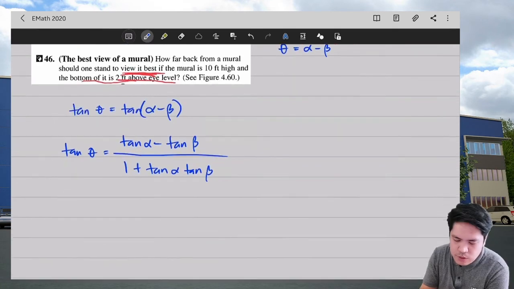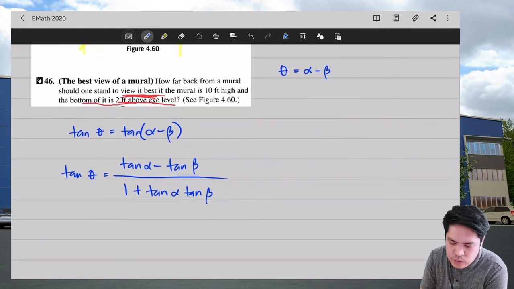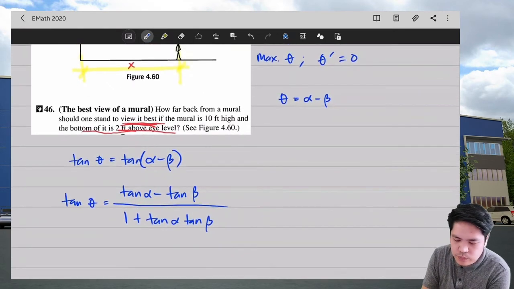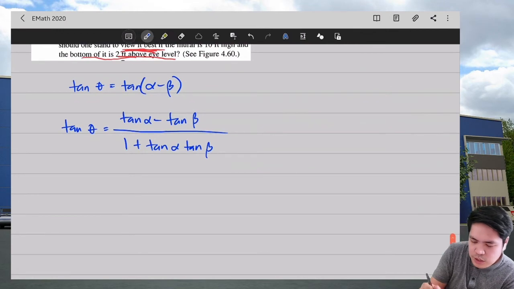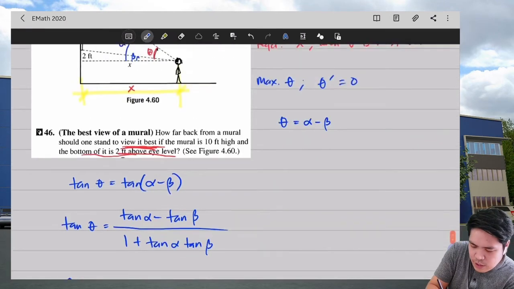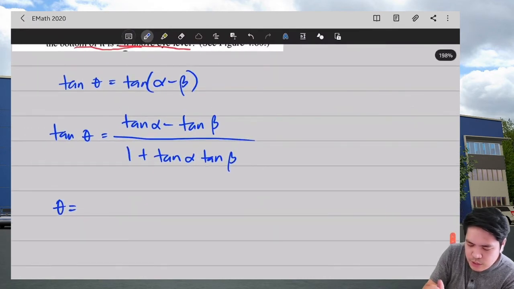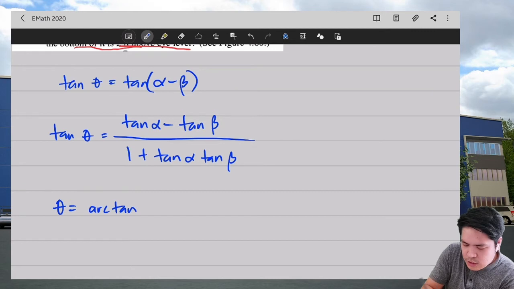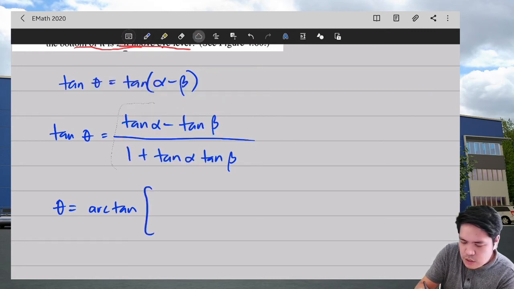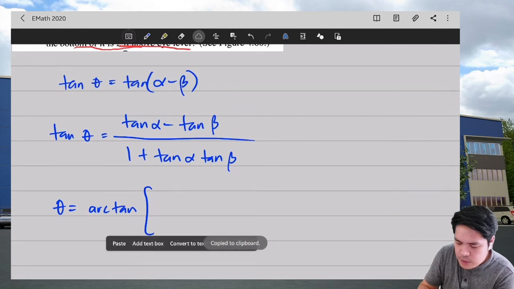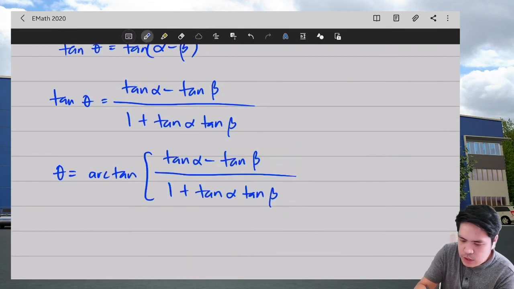Now, how do we get the values here? Actually, this is now theta because we need theta prime equal to 0. So theta is just equal to the arc tangent of this. So let me copy this and paste it here. But we need to simplify this.